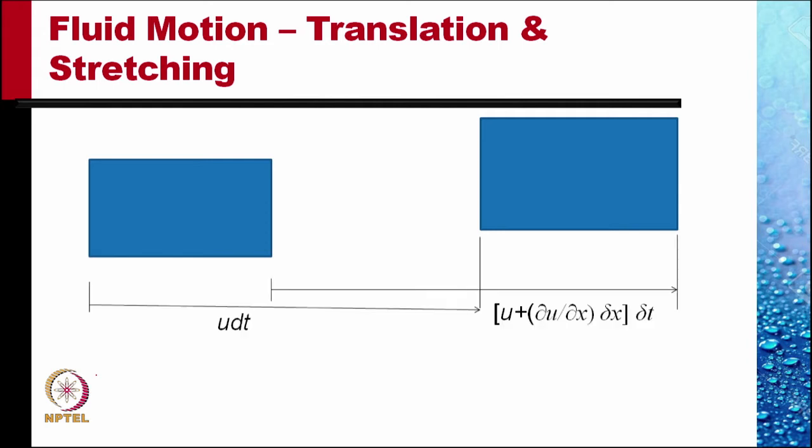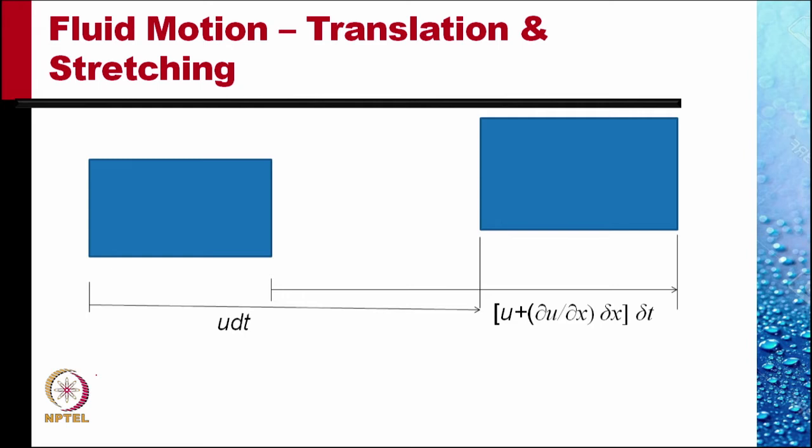Now, if we consider the leftmost lower edge of the fluid element, in time delta t, it would have moved a distance u delta t, and the rightmost element on this line would have moved a distance u plus delta u by delta x into delta x times delta t.